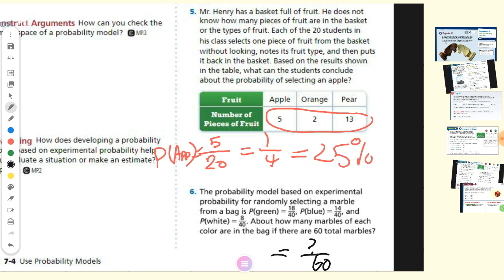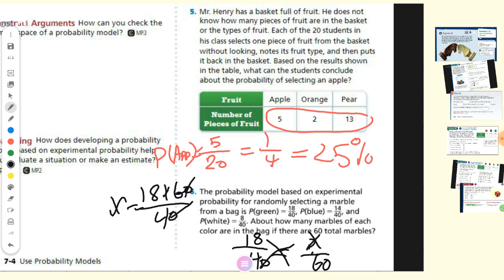So first one, P of green, which is 18 over 40. Cross multiplication, you will get the number x, which equals 18 multiplied by 60 divided by 40. Dividing by 10, then by 2, 3, 1, we get 27 green.